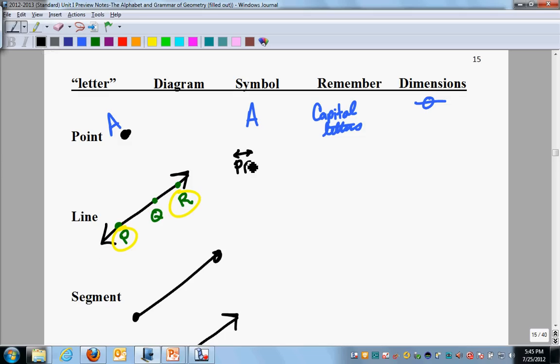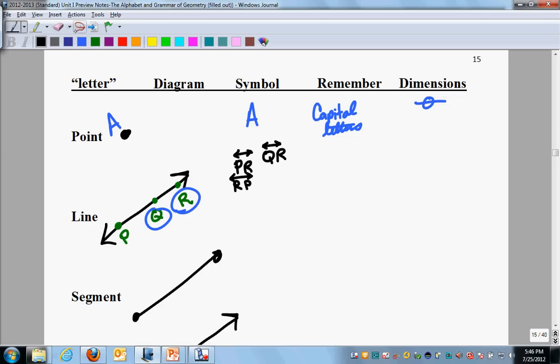Because it has arrows both ways, I can flip that and call it RP. That names the same line. You only need 2 points to make a line, so I could also call this QR or RQ. Do you see any 2 combinations of letters?